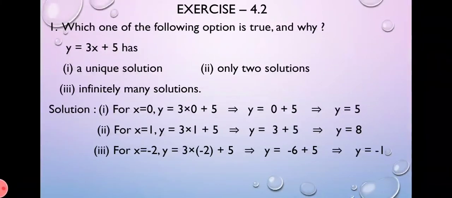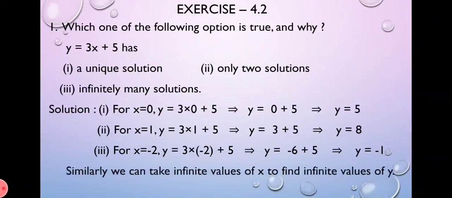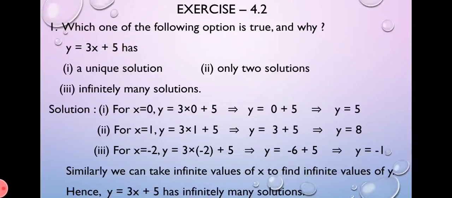So for the value of x as minus 2, we have y equal to minus 1. Similarly, we can take infinite values of x to find infinite values of y. Hence, y equal to 3x plus 5 has infinitely many solutions.